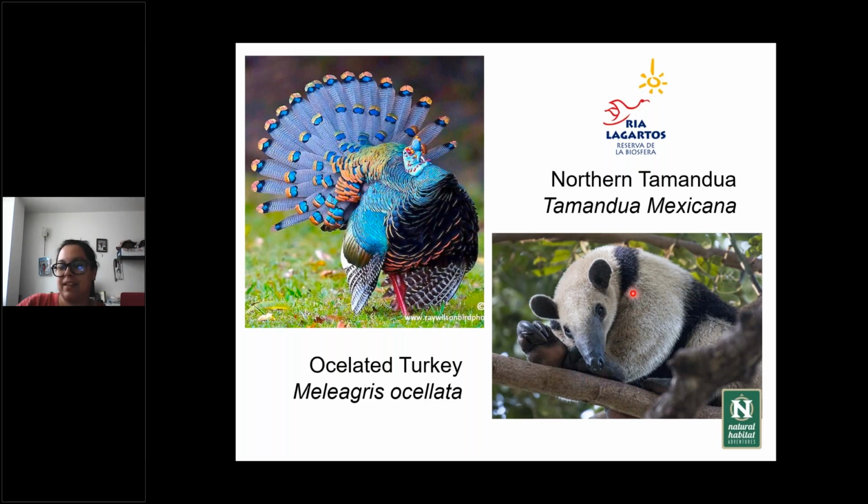The tamandua, well, this is an anteater, so of course it is in the Pilosa order. It is not very closely related to the tapir, although they seem very similar, but they are like second degree cousins, let's say.